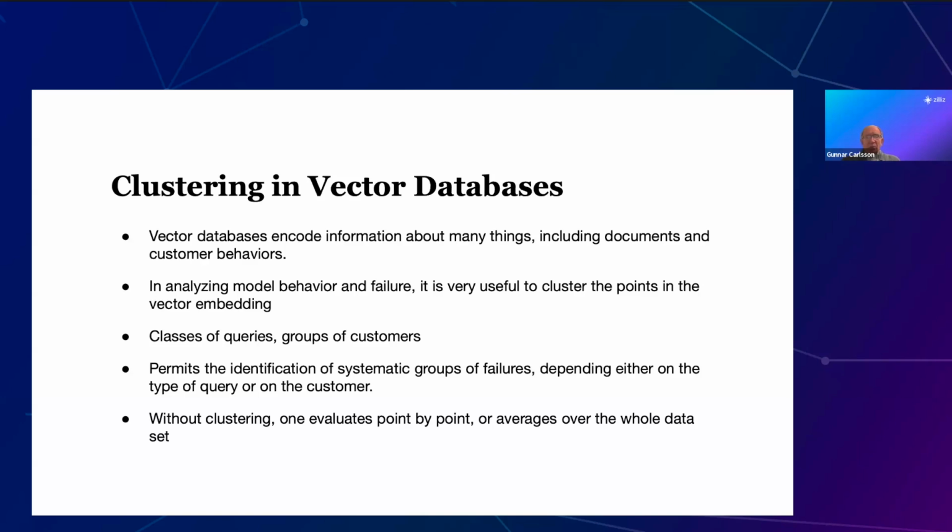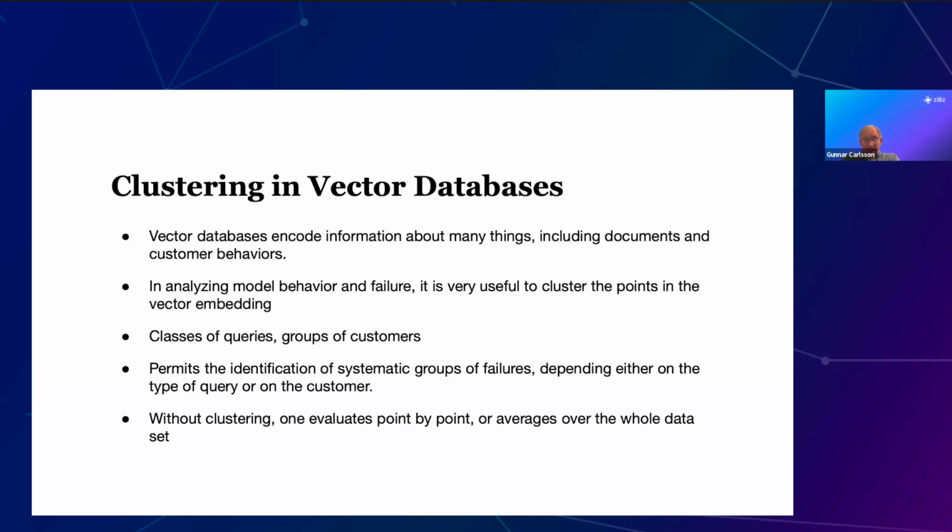So this permits the identification of systematic groups of failure, depending either on the query or on the customer. If you have a particular customer who belongs to a group and you understand how your recommendation system or your query system behaves on that group of customers, then that's a win because you can drill down and understand how the system is going to work for that customer.